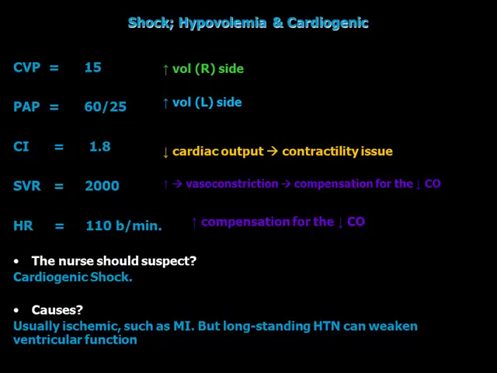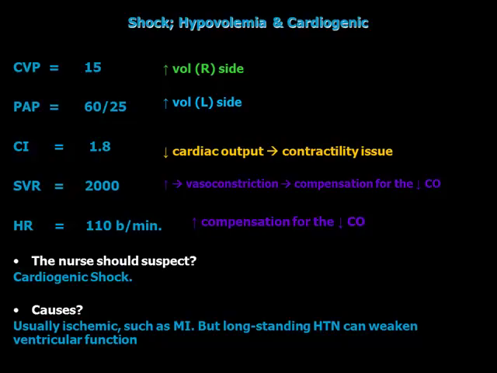Usually ischemic is the cause. In other words, the individual has a myocardial infarction like we did in our heart failure scenario. Our patient had a myocardial infarction that wiped out a good portion of the cardiac muscle, and therefore there was less pumping power. Less pumping power means these individuals can go into cardiogenic shock.